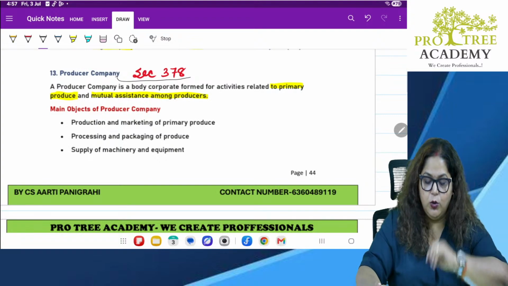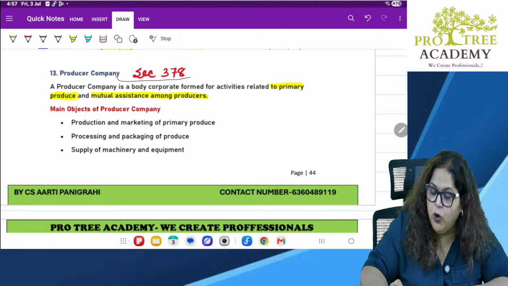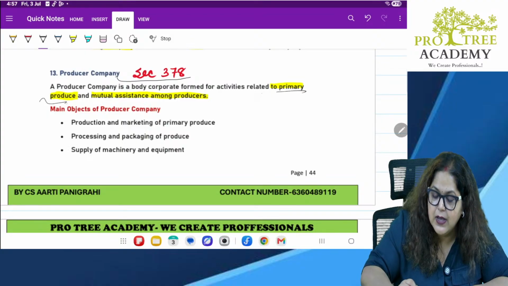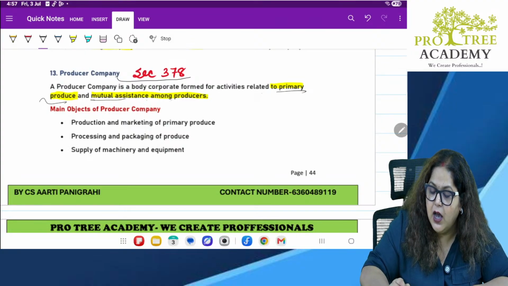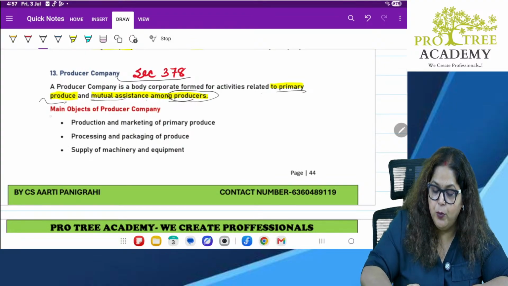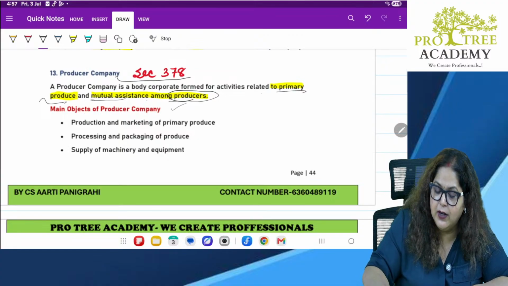Okay. So a producer company is a body corporate formed for activities related to primary produce and mutual assistance among producers. So what is the main object of the producer company, guys?